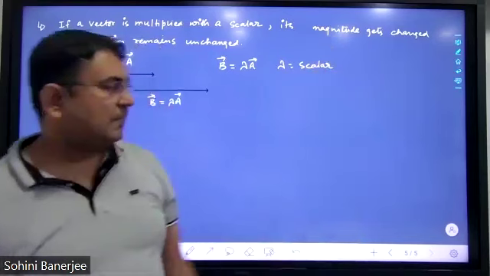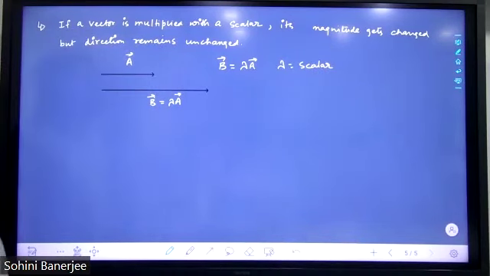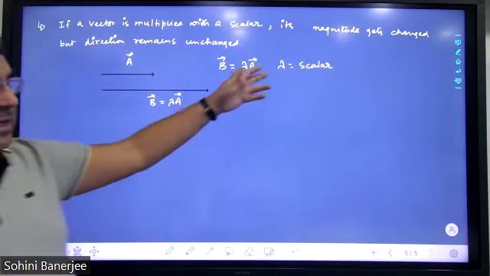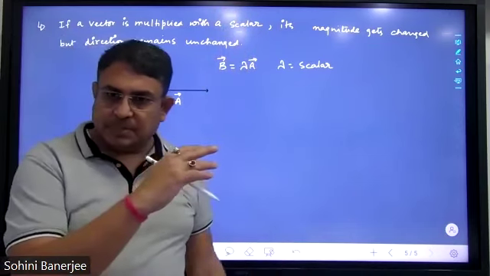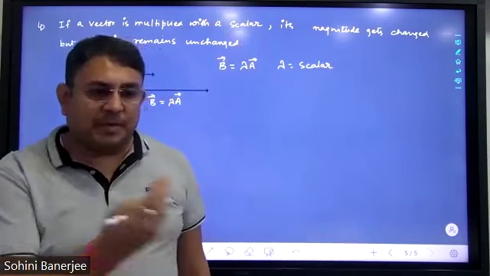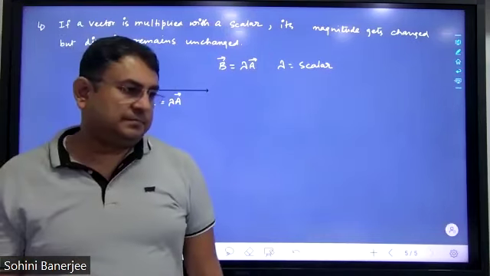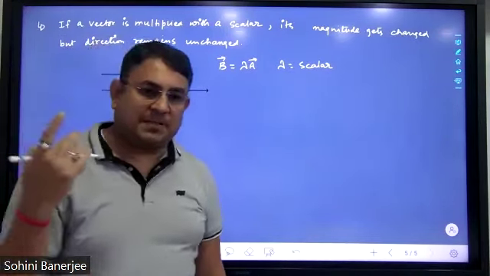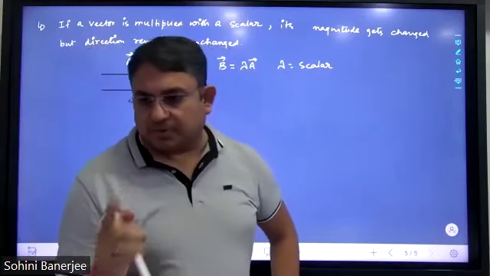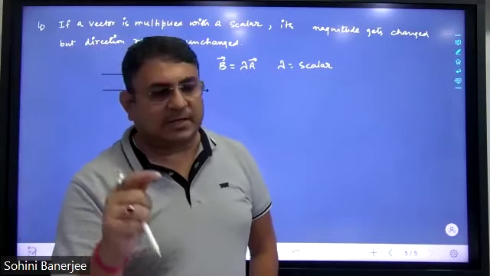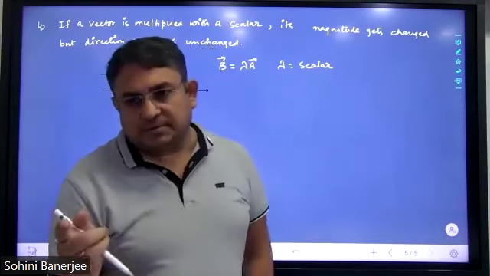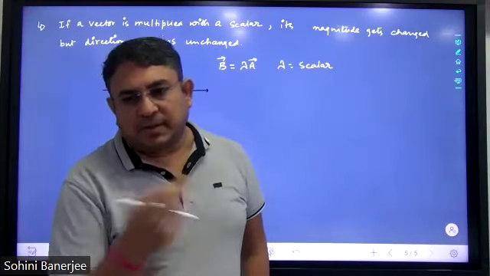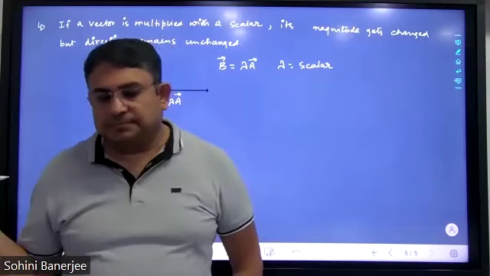Any scalar can be positive, negative, anything. If the scalar is positive, direction is same. If the scalar is negative, direction would be opposite. If lambda is a positive constant scalar, then direction of A and B would be the same, and if it is a negative scalar, direction will be opposite.